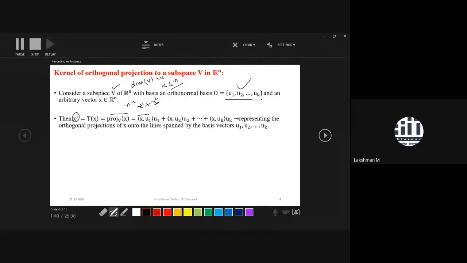The projection of x with respect to V would be in the subspace V, so we can write this vector as a linear combination of the orthonormal basis of V. Easily we can calculate the coefficients, and it represents the orthogonal projection of x into V spanned by the vectors U1, U2 up to UK.